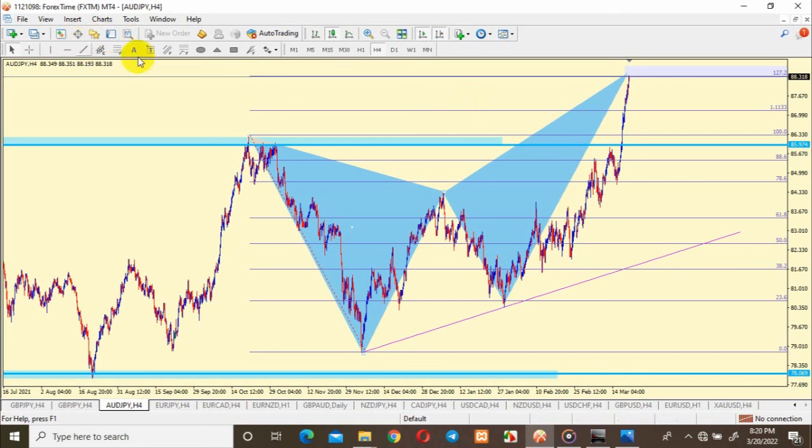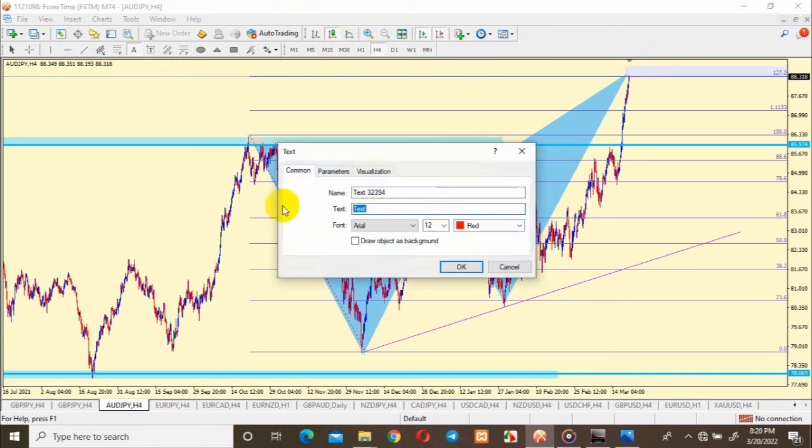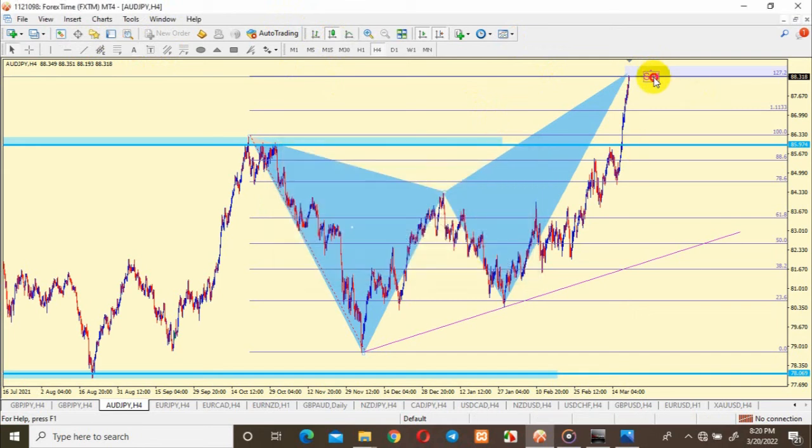So what are we expecting? As soon as the market opens on Monday or Sunday night, take a sell trade here. When you take a sell trade at this zone, this should be the area of target.